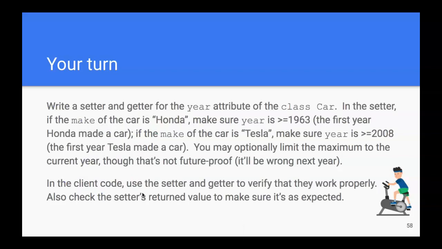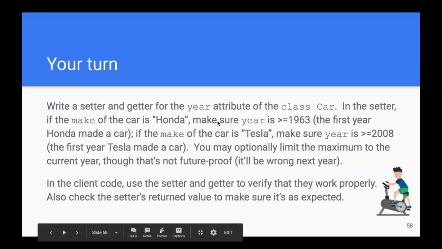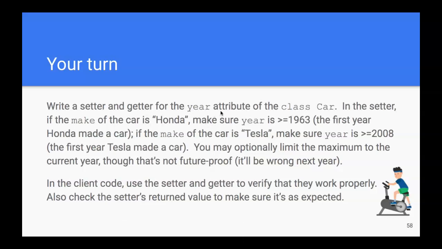And here is yet another exercise for you. We can get very elaborate with validity checks in setters. So here, let's write a setter and getter for the year. Now in the setter, if the make of the car is Honda, you should make sure the year is greater than or equal to 1963. I think I looked it up on Wikipedia, and that's the first year that Honda made a car.